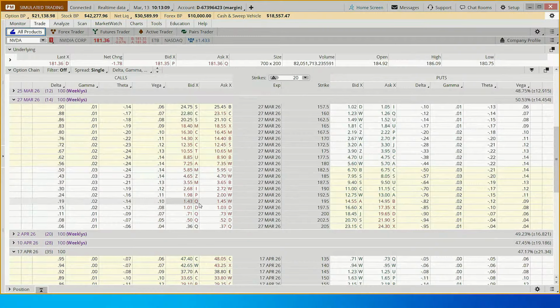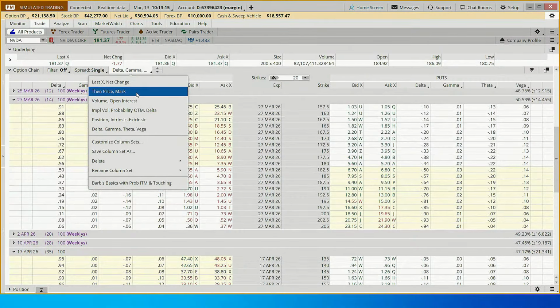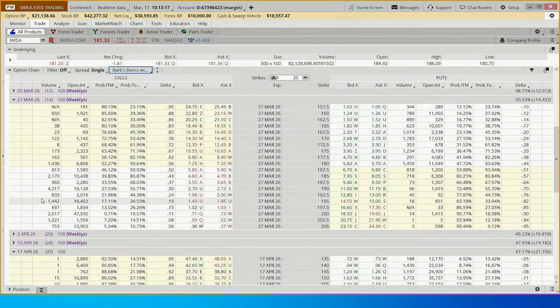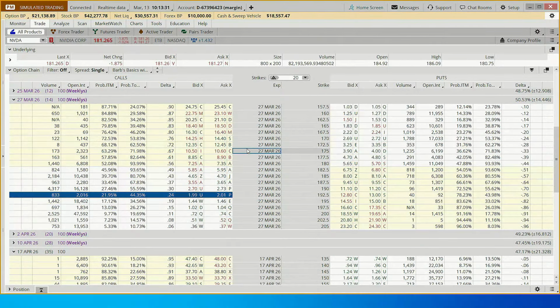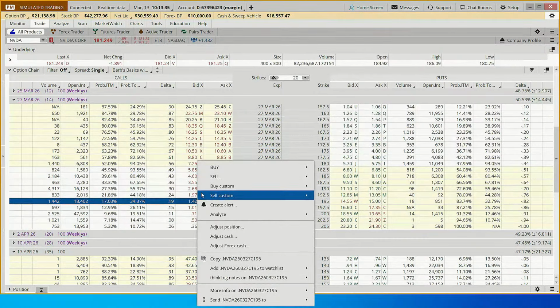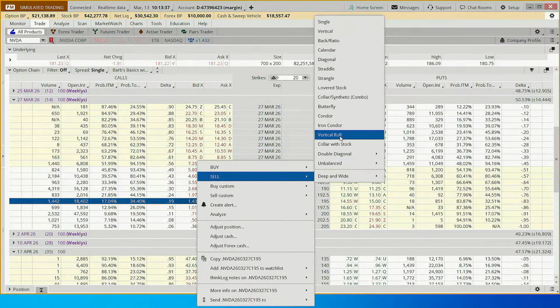where we're looking at this 195 strike? We've got a 2 cent bid-ask spread. These are very heavily traded. So if we look at my basics that has volume, at 195 we have 18,000 contracts. So I'm going to look at this 195, and I'm coming up to sell an iron condor.